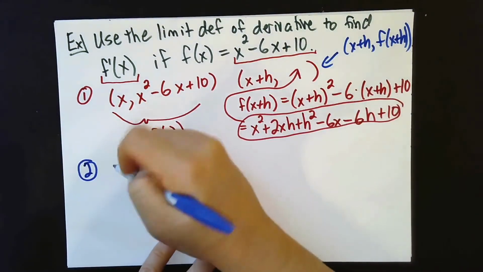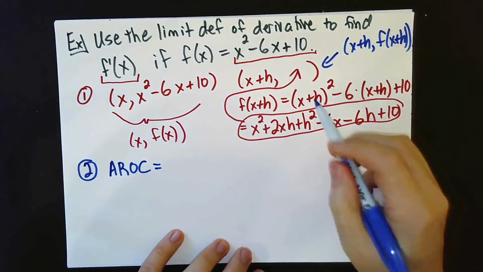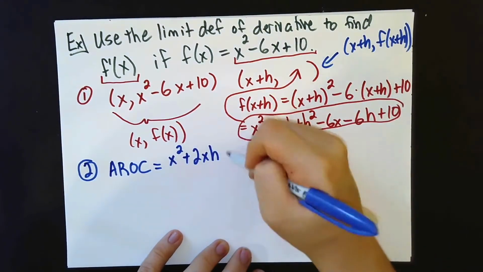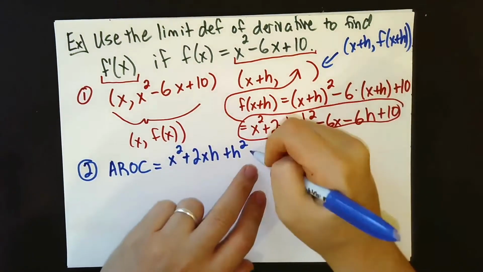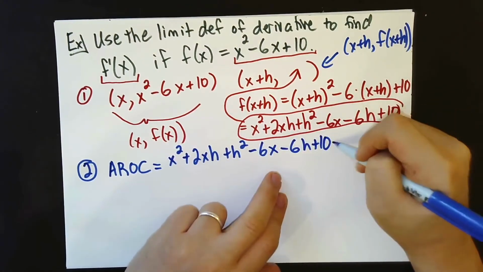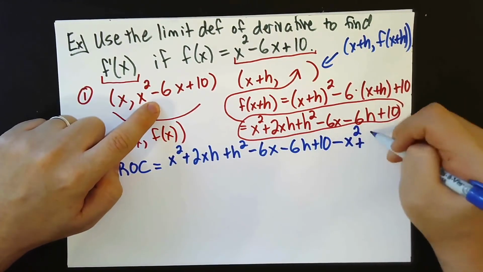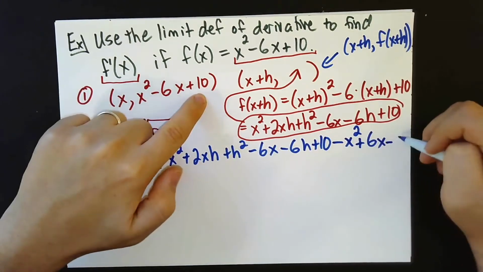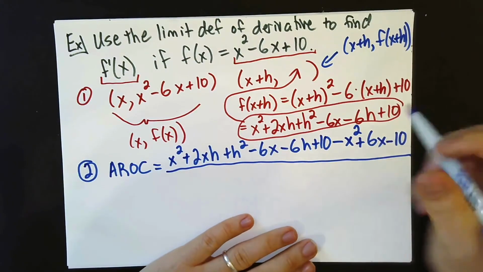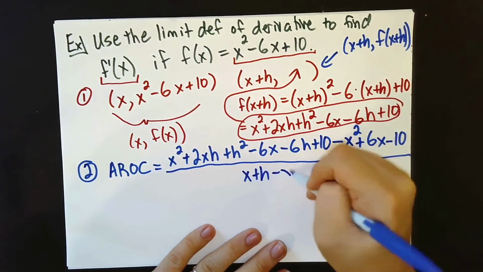So the next thing I said to do was to calculate the average rate of change between these 2 points, okay, which is going to be this minus this, and I'm pre-distributing the minus sign, just so that I don't have to copy this to another line, all divided by x plus h minus x.